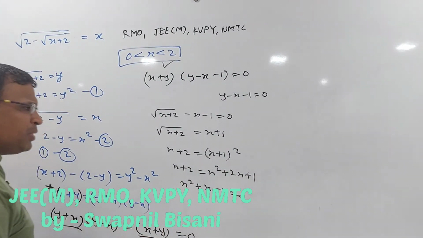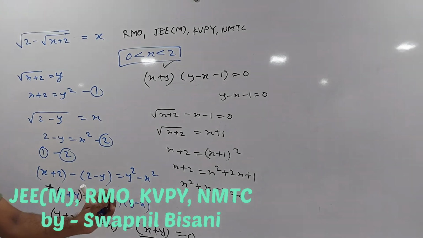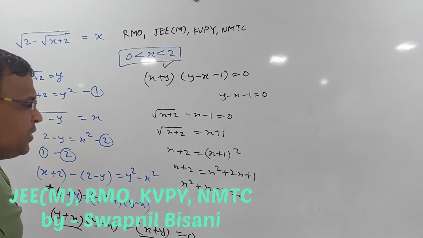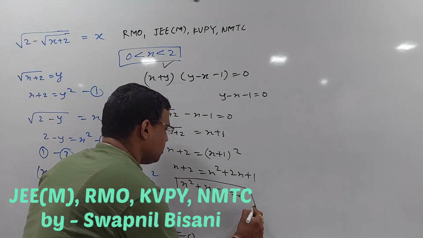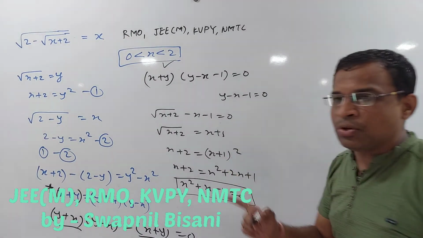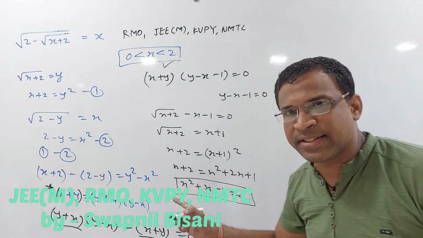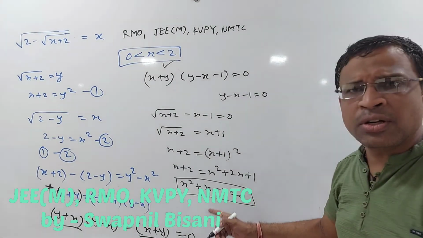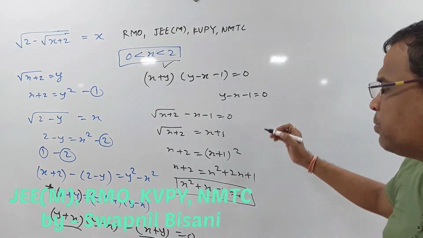And whenever you come across this kind of question, always remember one thing: you will get a golden ratio. In one of the numericals we got the golden ratio. Let us just continue with that. You will get a golden ratio here. How? I am just using the quadratic formula. So what is that quadratic formula?